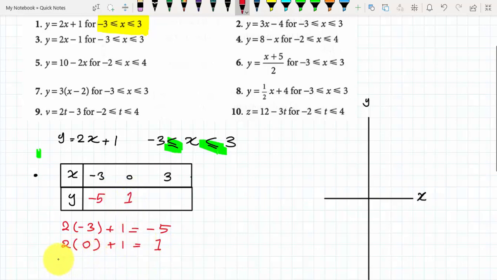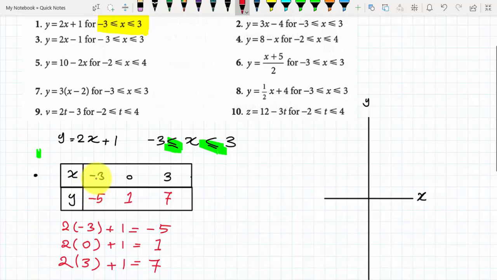If we put 3 in place of x, 2x plus 1 means 2 times 3 plus 1. 2 times 3 is 6, plus 1 is 7. Now we got 3 coordinates, 3 points. 3 points are enough to construct a straight line for this equation.